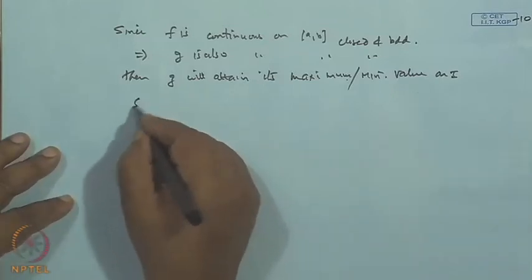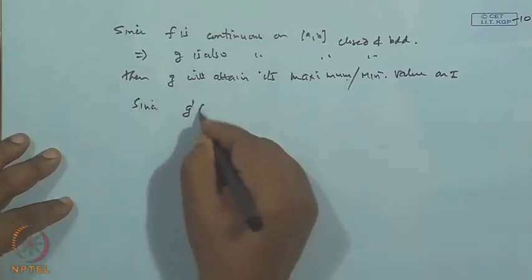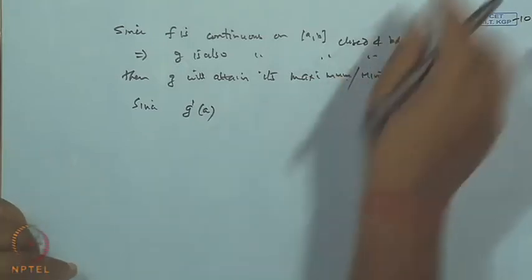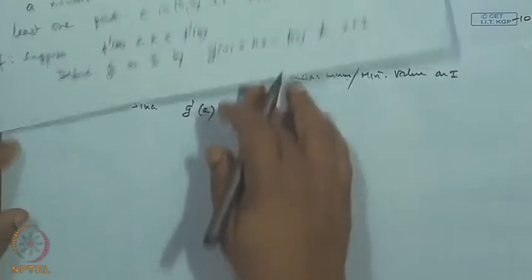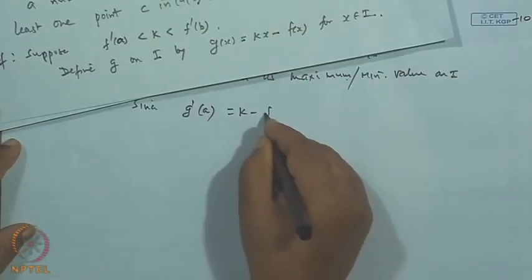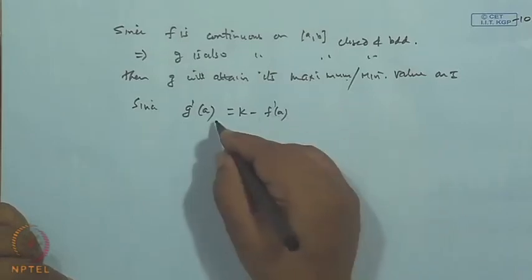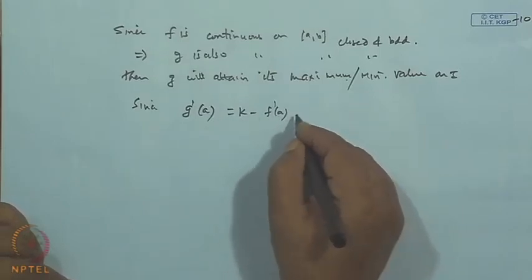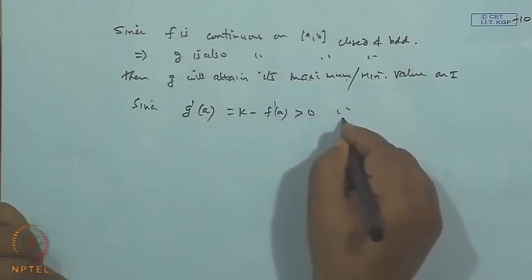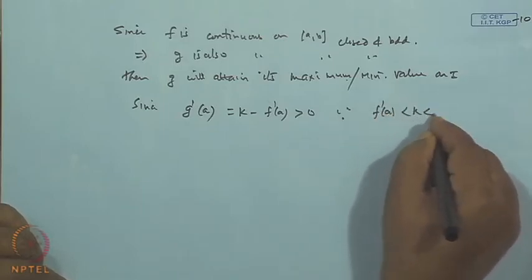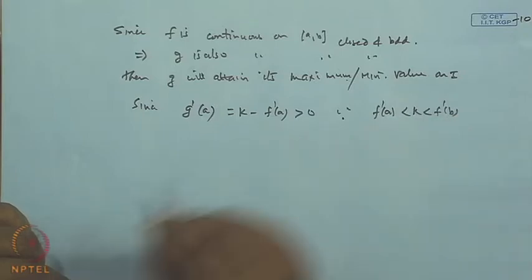Now, the derivative g prime a, by definition, is k minus f prime a, just by differentiating, and this g prime a is positive. Why? Because we chose k lying between f prime a and f prime b. So, this is positive.